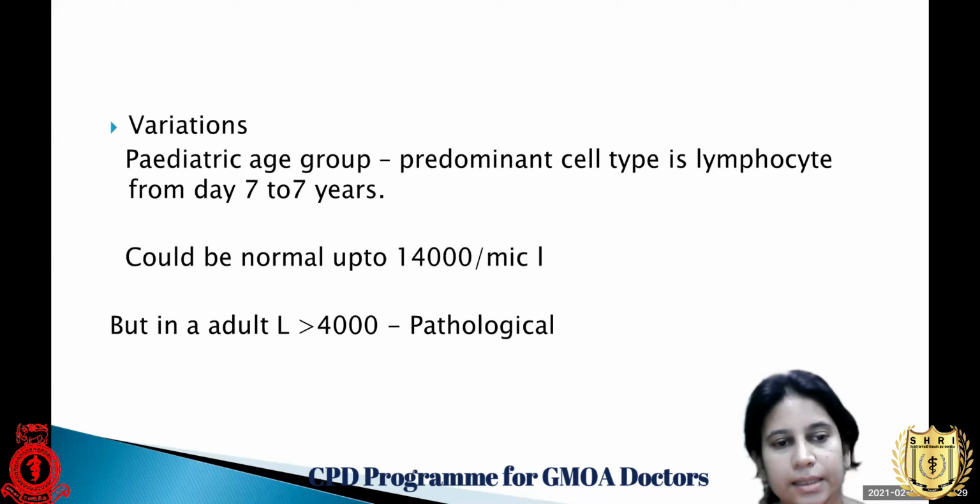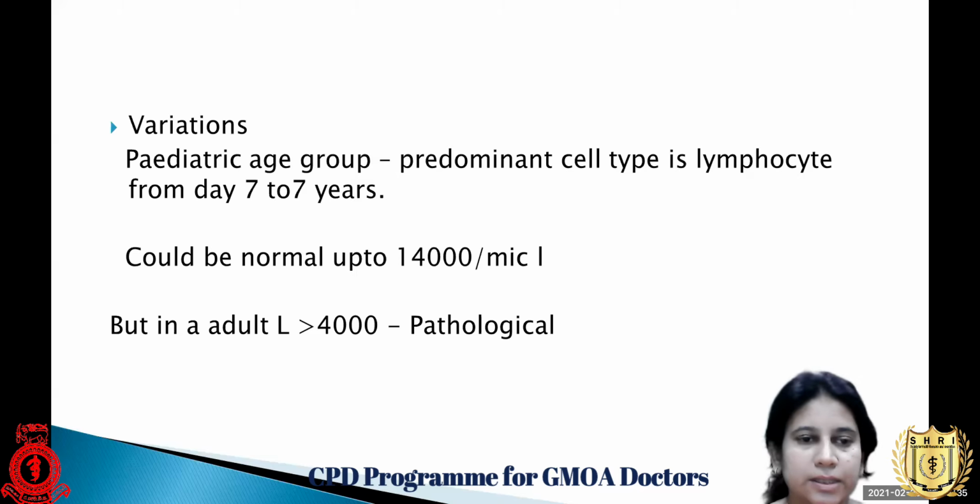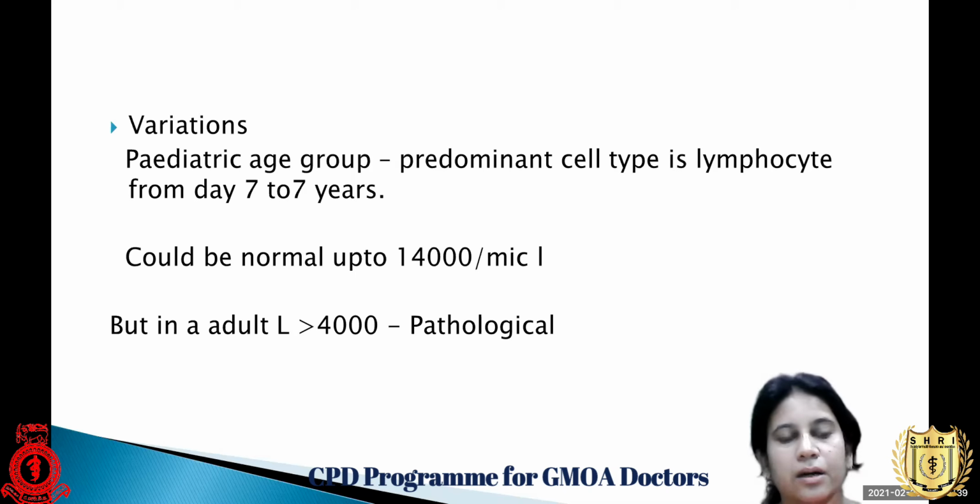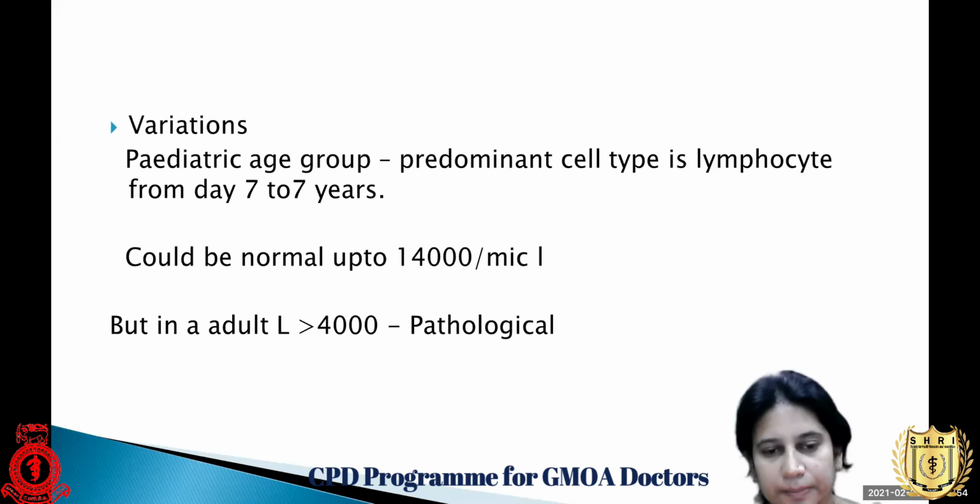And this lymphocyte count can go up to 14,000 even in a normal child. So that is a normal variation. But in an adult, if you see a lymphocyte count of more than 4,000, it is always pathological. There is a reason, from a viral infection all the way up to chronic lymphoproliferative disease.